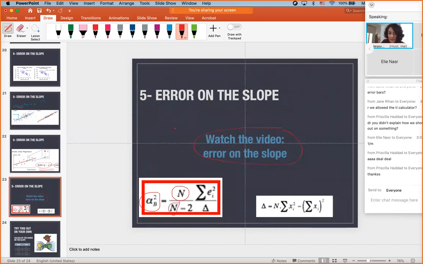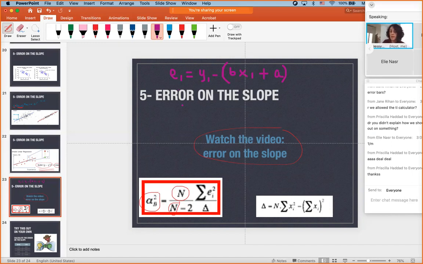Again, N is the number of points. What is e_i? E_1 is y_1 minus the equation of the line, which is b x_1 plus a. Supposedly you already found b and a before you do the error. B is the slope and a is the y-intercept. So you find e_1, e_2, e_3. I'm not going to give you a lot of points, probably 5 points on the graph, up to e_5.